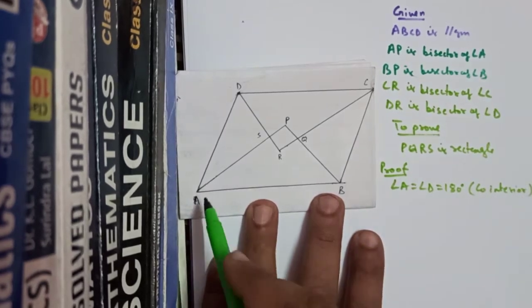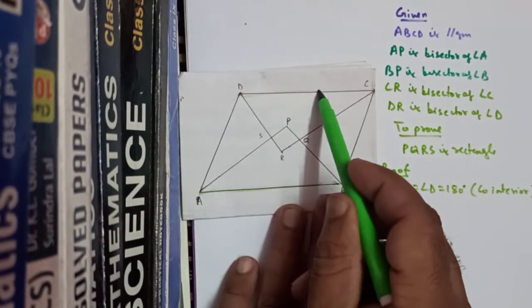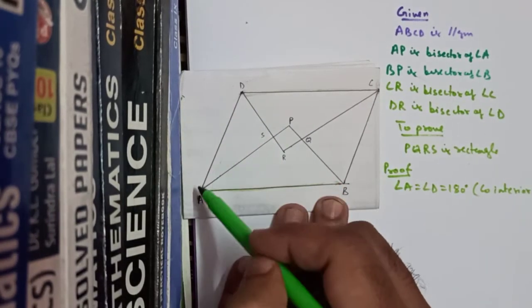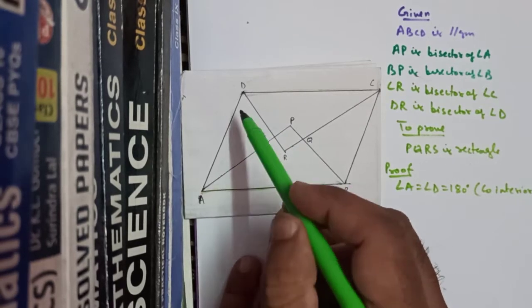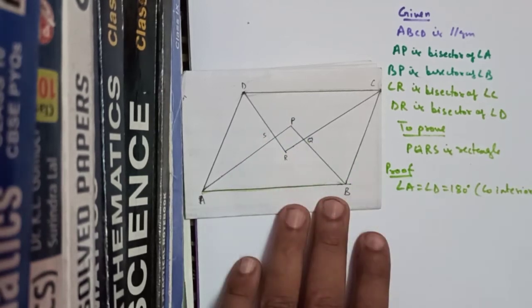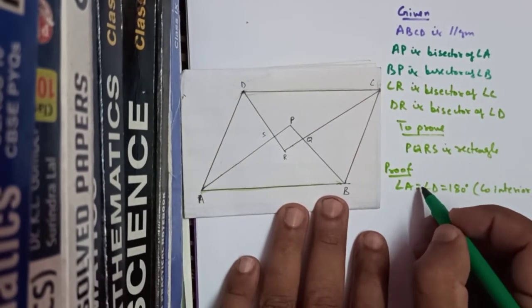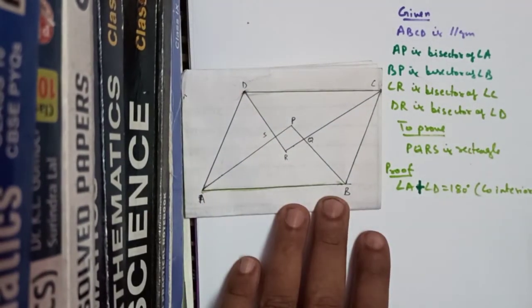You can also see it like this: AB and CD are the opposite sides of the parallelogram, and opposite sides of a parallelogram are parallel. AD is the transversal intersecting the two parallel lines, so angle A and angle D are consecutive interior angles, and these are supplementary. The sum of angle A plus angle D, the sum of consecutive interior angles, is equal to 180 degrees.